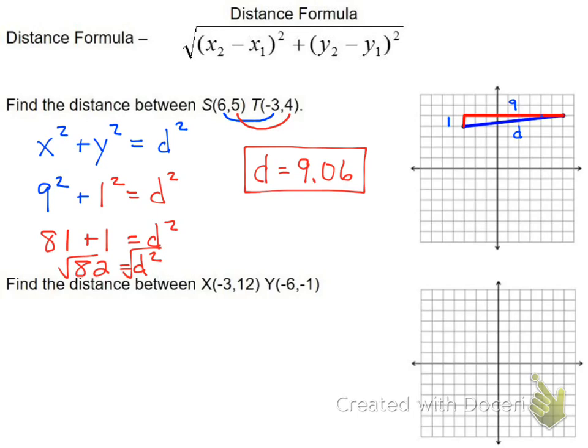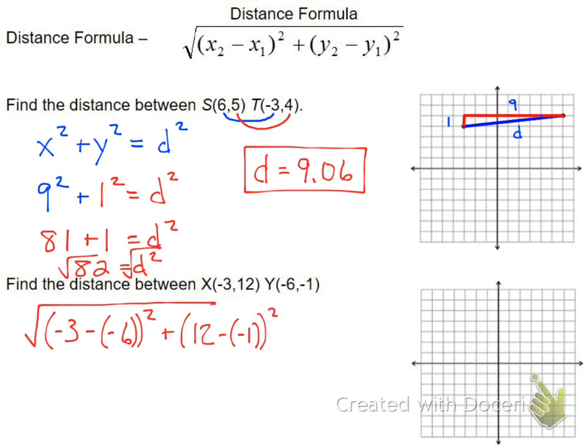For the bottom one, how about we go ahead and use the distance formula just in case there's any confusion. So again, big square root sign, subtract my x's, so I go -3 minus -6 squared plus 12 minus -1 squared.